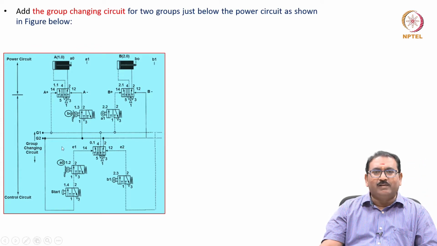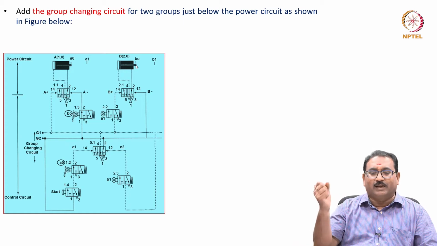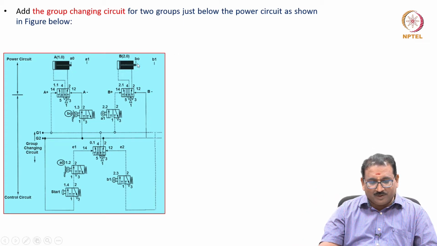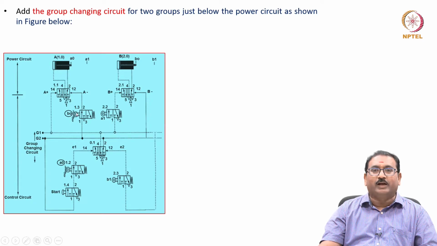Now, as usual, I have marked here A0, A1, B0, B1. Here B0 we have to monitor, as I have told you already, because all the operations will start in the retracted position. B0 and A0, see here, correct? A0 and B0 are in the actuated position. Then A1, why is it A1?